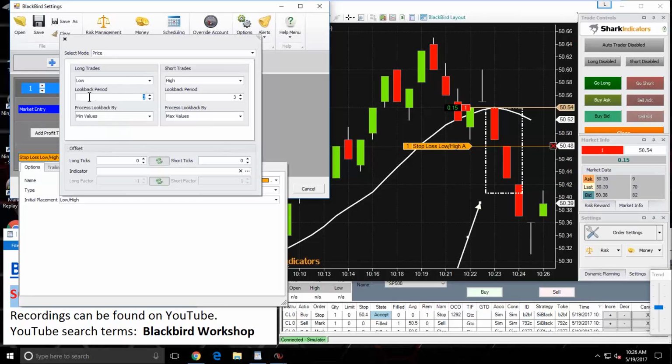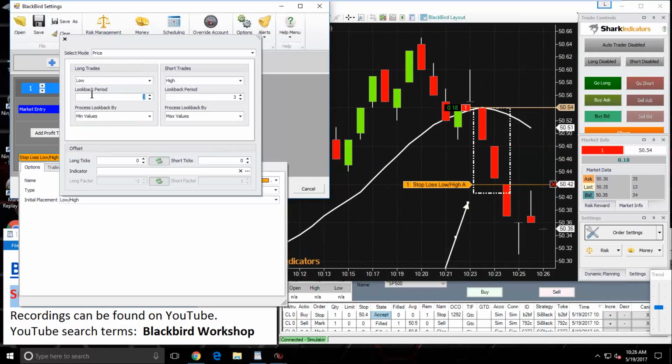This lookback can be either a lookback period, or it can just be a static lookback. What determines whether it's being used as a period, or as just a static number of bars back, is the Process Lookback By.